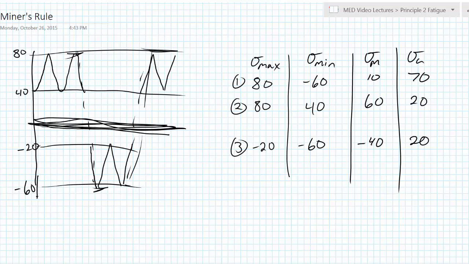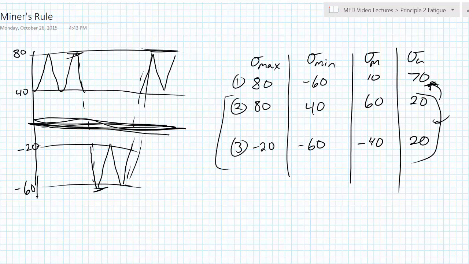What we've done previously is just sort of assumed that we can ignore these parts because they're so much smaller compared to this one. What we're going to present in this video is called Miner's method, or the cumulative damage method, and it's the way to deal with these things and not ignore them.